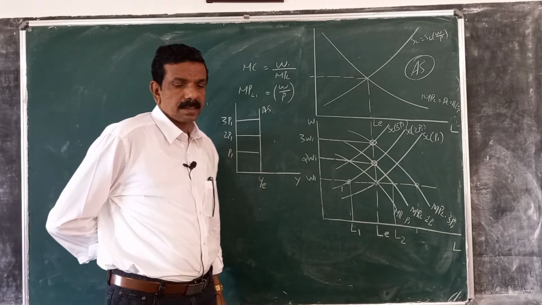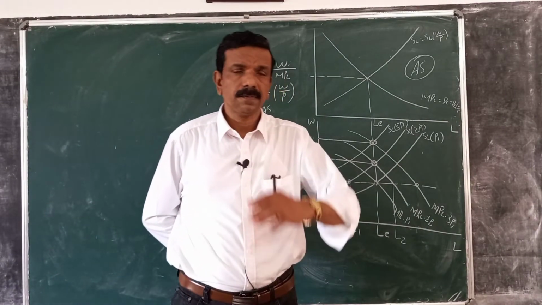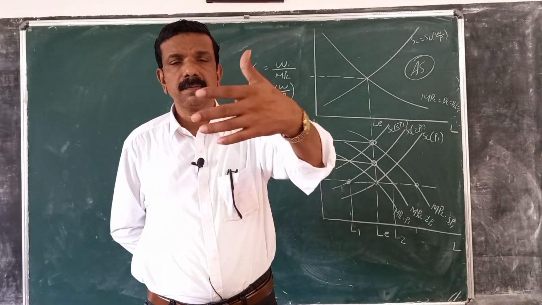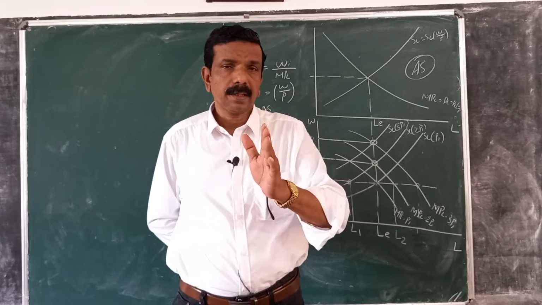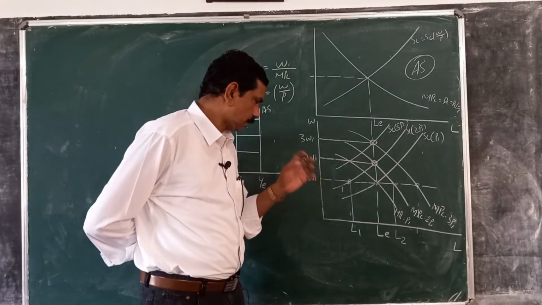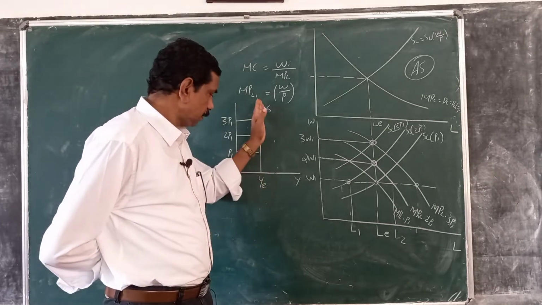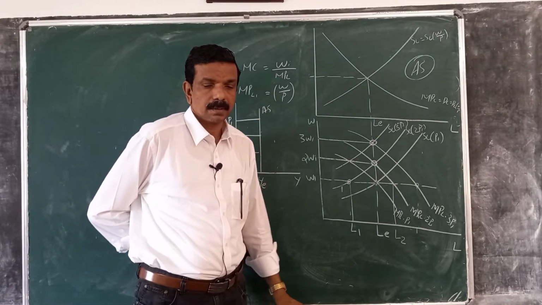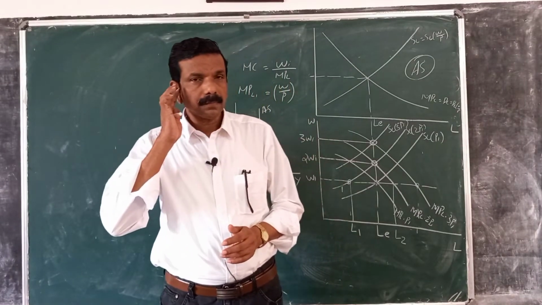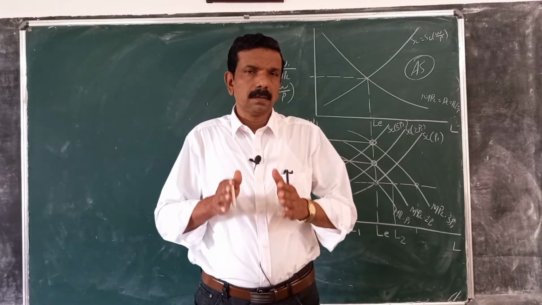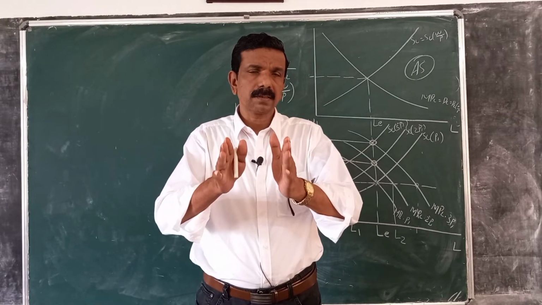Now what happens here is, as price increases from P1 to 2 P1, 3 P1, etc., the level of output will remain constant at YE. That means in the classical model, the aggregate supply curve is vertical.